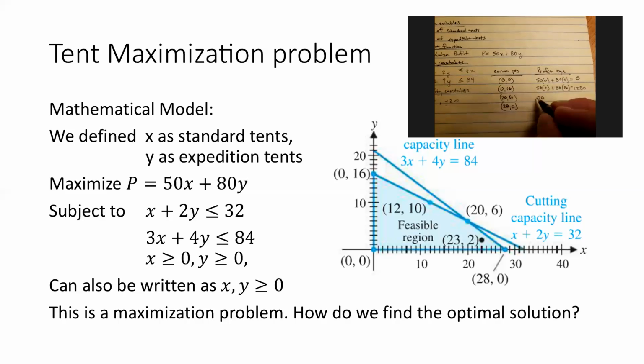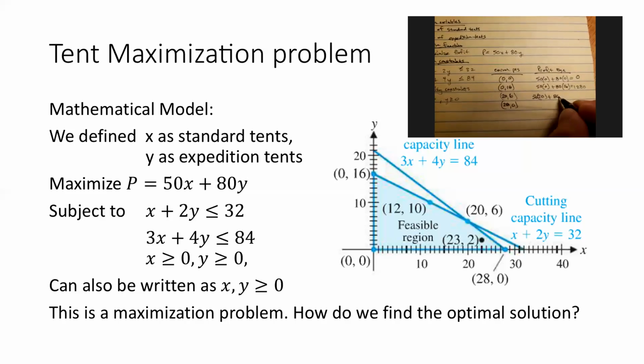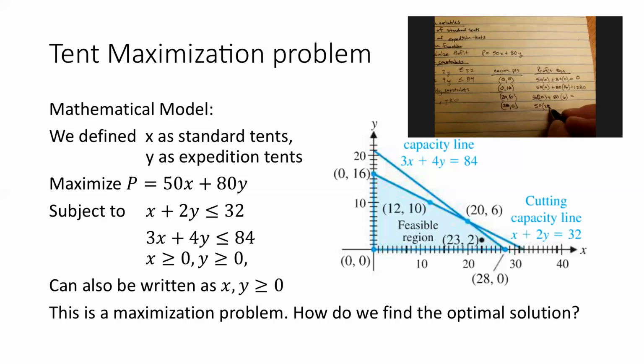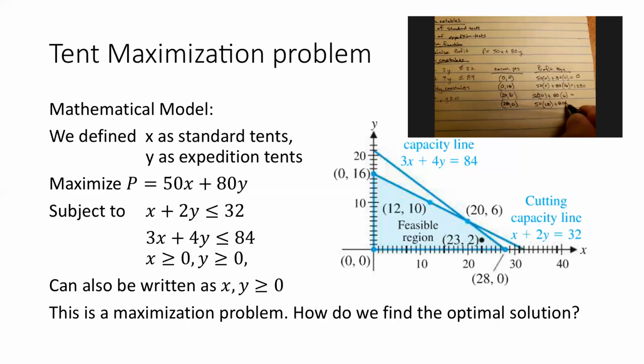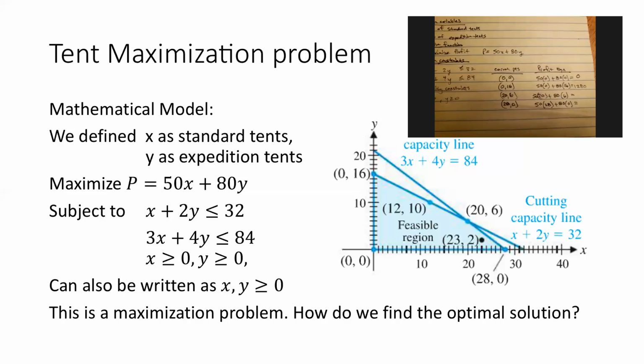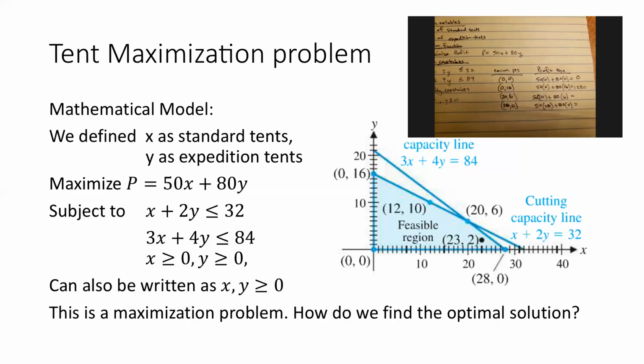So we have 50 times 20 plus 80 times 6. And what does that equal? You guys type that in your calculator, see what you get. And then we'll have 50 times 28 plus 80 times 0. And let's see what we get. I think you get 1440 for one of them and 1400, but let's just double check. 1480, sorry. And 50 times 28 is 1400.